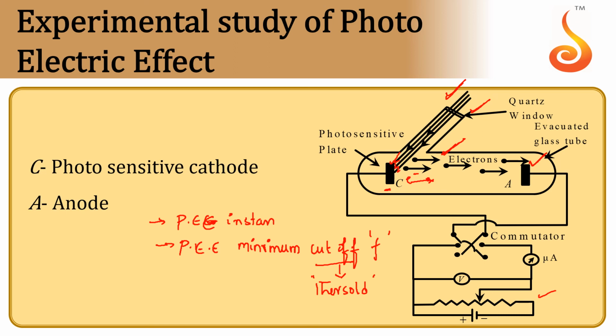And one more point they identified: no matter how much intensity we give, if the frequency of the light is less than the threshold frequency, then the photoelectric effect cannot be observed.